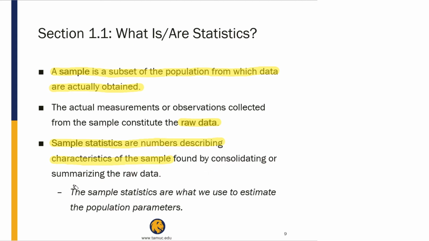So the key thing here is the sample statistics are what we like to use to estimate the population parameters. So if there's something we want to know about the population, we take a sample, we create the sample statistics, and try to see how well we think they match up or correspond to the population parameters.